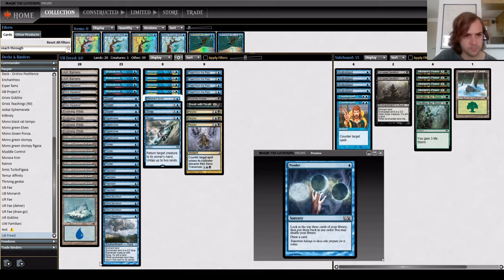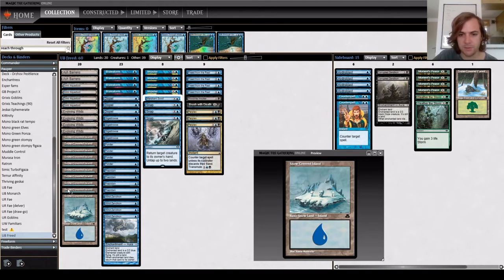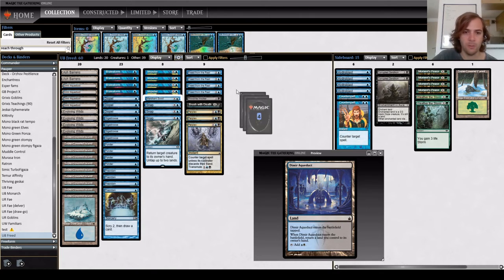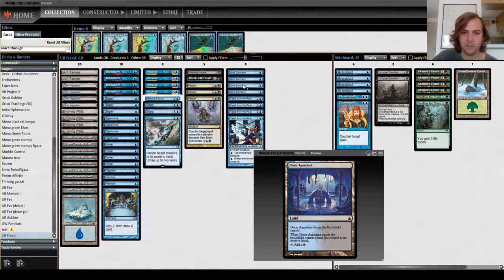It plays snow-covered Islands, and doesn't play any Swamps, even though it has some black spells. I'm going to go into that a bit later. It plays Dimir Aqueduct, and the combo here is Sandycon, transforming your Dimir Aqueduct into a creature, right?